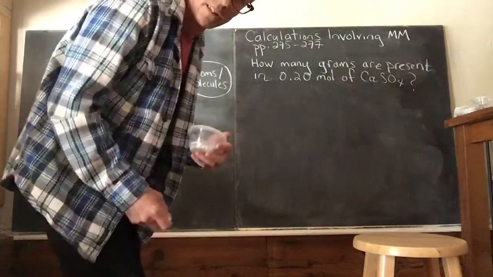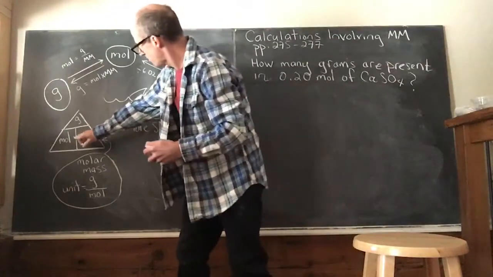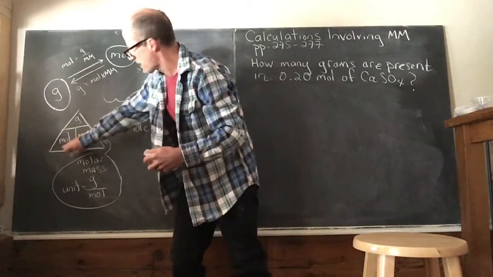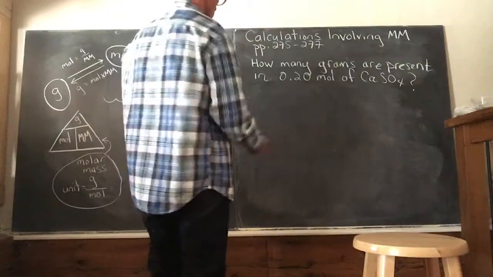Very similar to what we just did. We have to use the mole triangle, but in this case, we're trying to find grams from moles instead of moles from grams. And that's a bit different, but it's still the same.